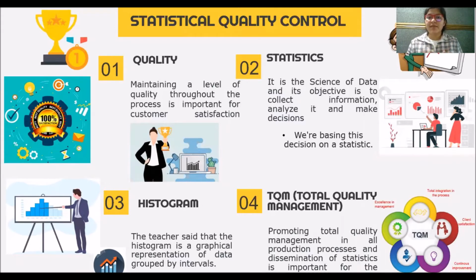Its objective is zero defects and continuous improvement. It also involves a growth committed to quality, that is, training workers and quality in the development of the process. For example, you can hear promoting total quality management in all production processes and dissemination of statistics is important for the company.